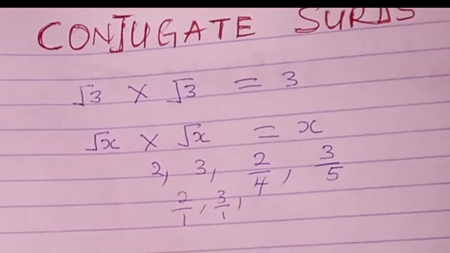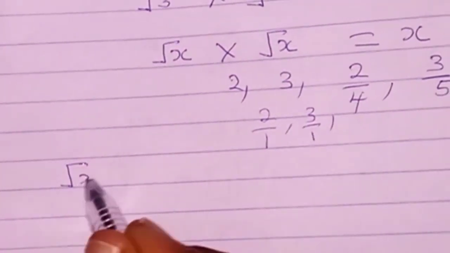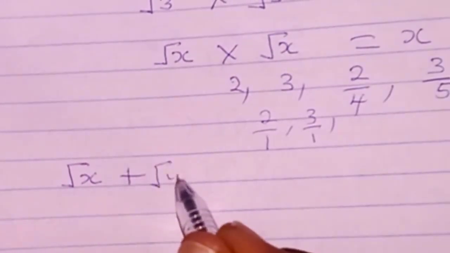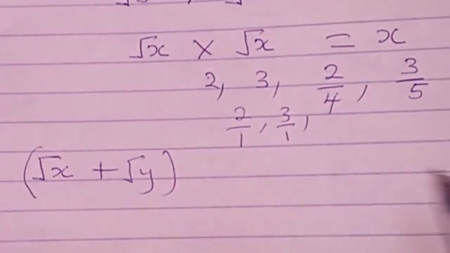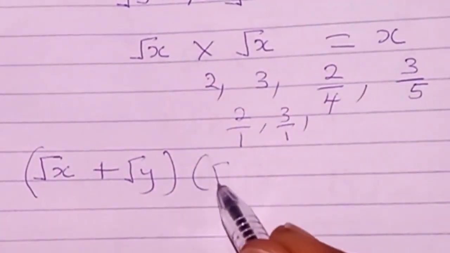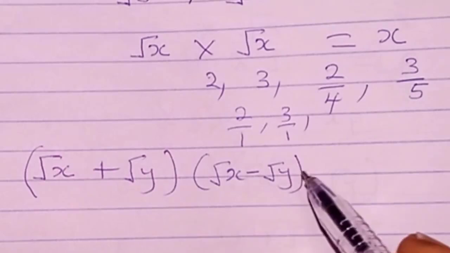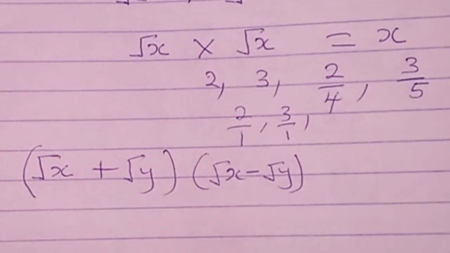Take for instance this expression, root x plus root y. Let's multiply it with root x minus root y. Now this is a difference of two squares. Let's multiply it out and check our result.